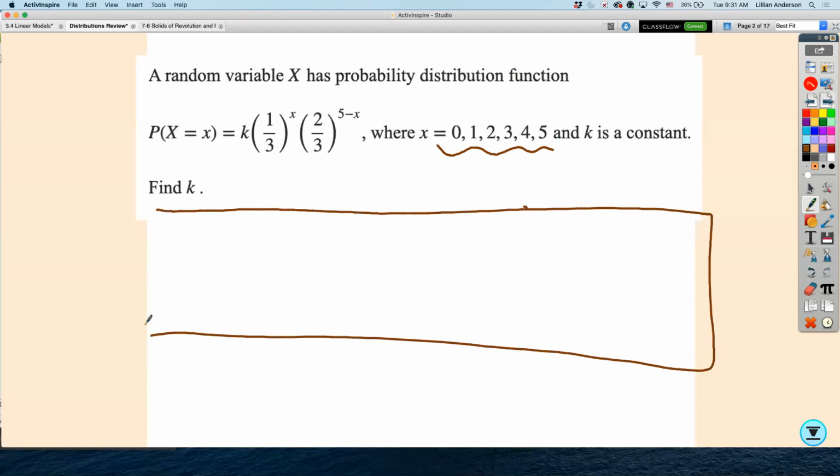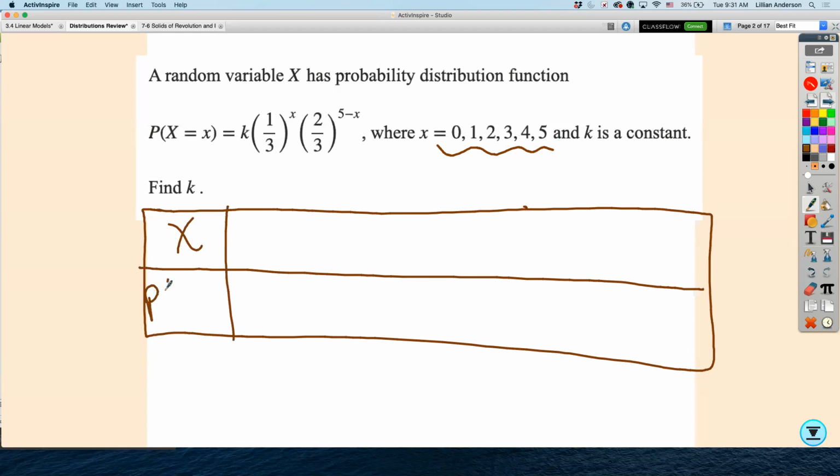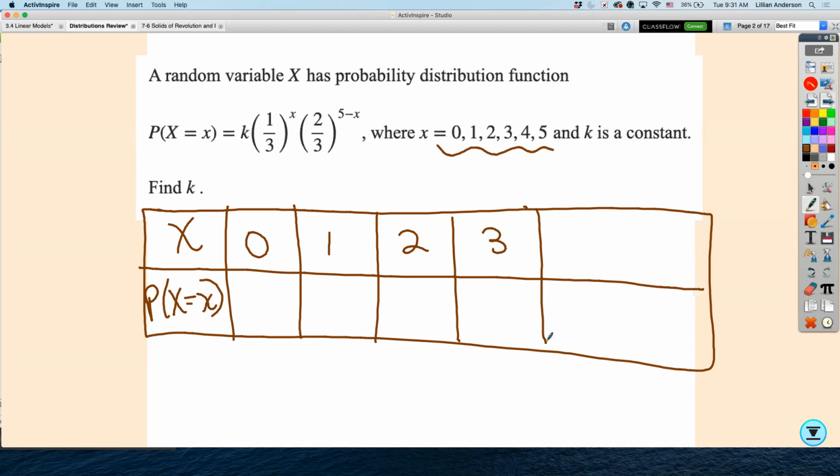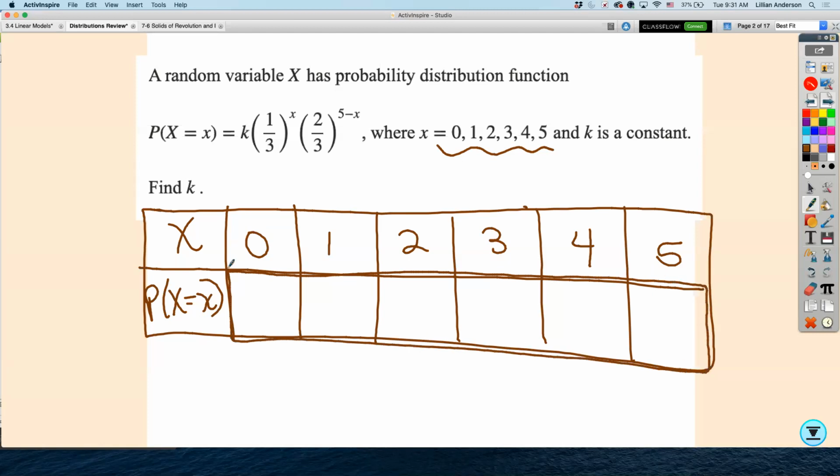So you need to figure out the probability when you plug in 0, 1, 2, 3, 4, and 5. And then all of these probabilities should add up to equal what? 1. If this is a probability distribution, then all of these probabilities should add up to equal 1. That's how you had to set this one up to find the value of K, all right?